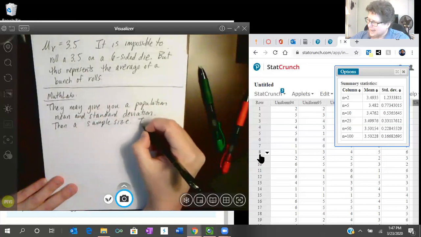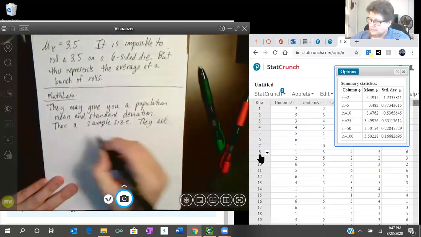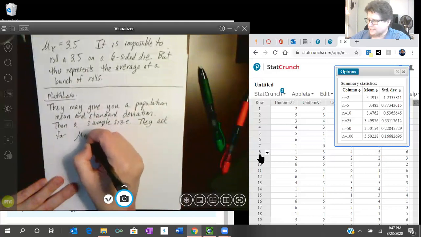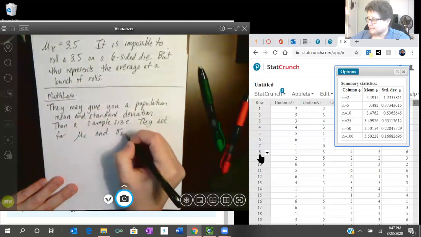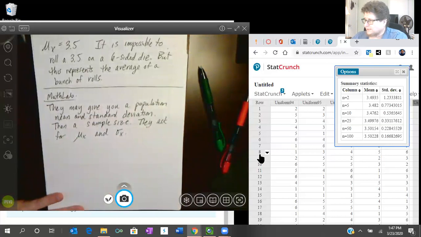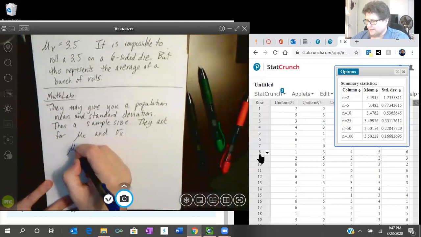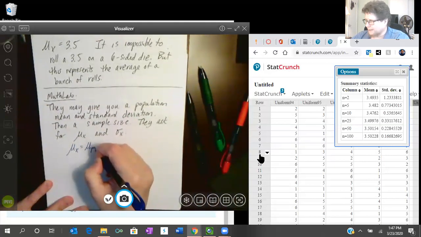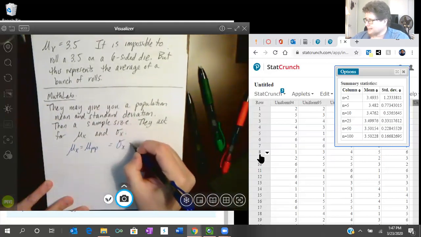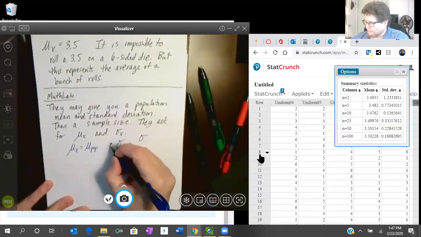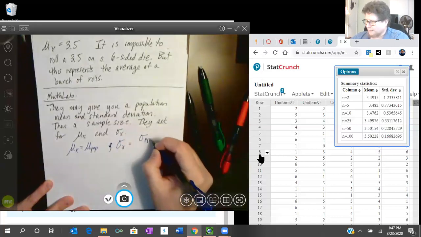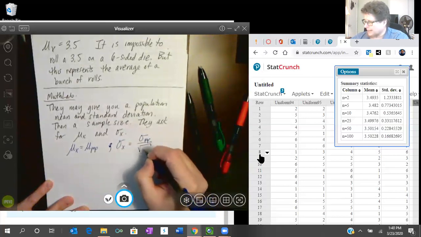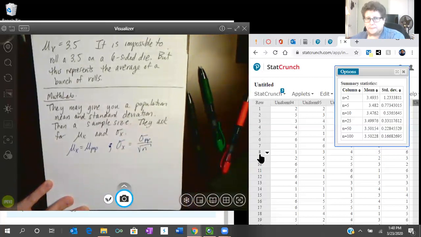And then they ask for mu of x and sigma of x. So recall, mu of x is just the mu of the overall population, and sigma x is sigma of the overall population divided by the square root of n. Okay?